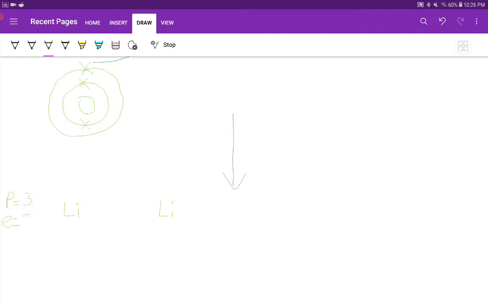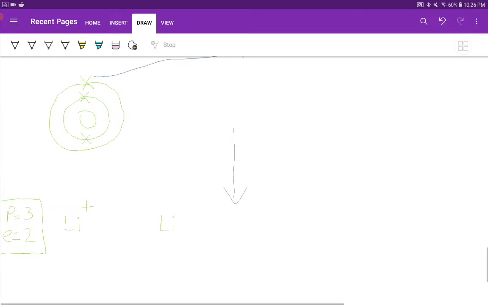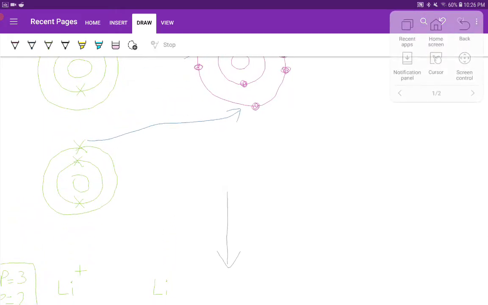So now it has 2 electrons. So the charge is going to be positive 1. Likewise, this second lithium also lost 1. So that second lithium is also going to have a positive 1 charge.